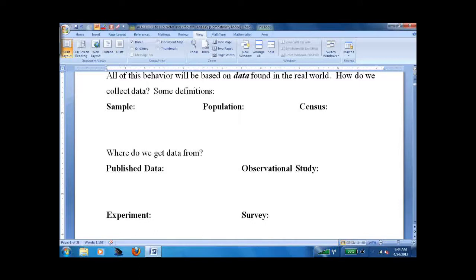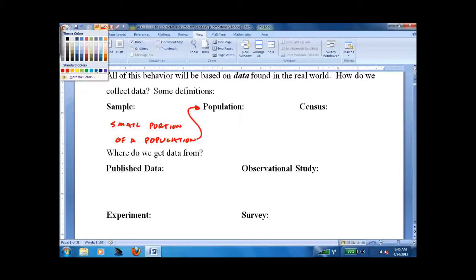How do we collect data? Well, let's talk about it. We take samples. A sample is just a small portion of a population. What's a population? Well, that's the entire group you're studying.